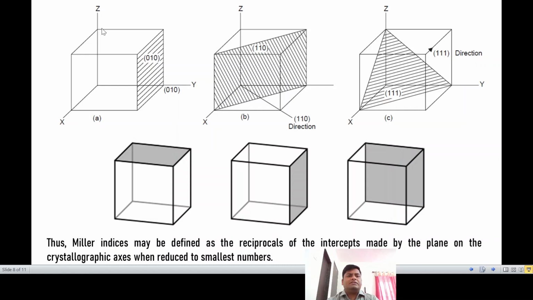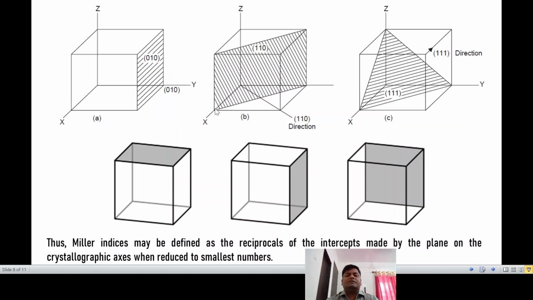Similarly for z, 1 upon infinity will be 0, and for y, 1 upon 1 will be 1. The LCM for 0, 1, 0 is 1. When we multiply that LCM to these numbers, we get the same numbers, and we enclose them in a circular bracket.